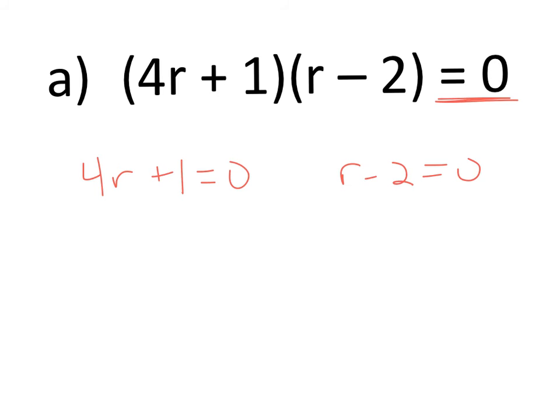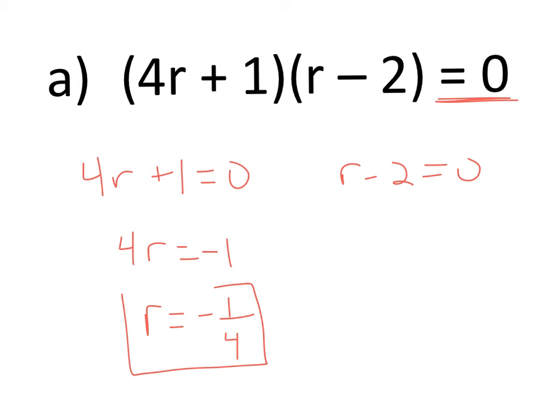Again, that's called zero product property, and you can just set each part equal to 0, and now we're just going to solve. So we're going to subtract the 1 over, so we get 4r equals negative 1, and then we're going to divide by 4 and get negative 1/4.